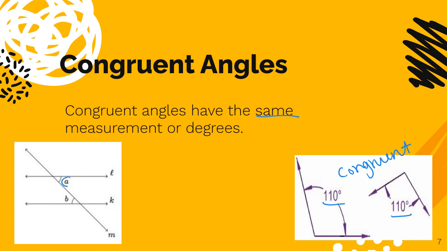So I can see that angle A and angle B would be the same size. And if I kept going, this angle here, I'll say C, and this angle here, which I'll just say D, all of those would have the same angles. And we'll learn more about that in properties of parallel lines. But right now, just know that whenever two angles are the same measurement, they are congruent.